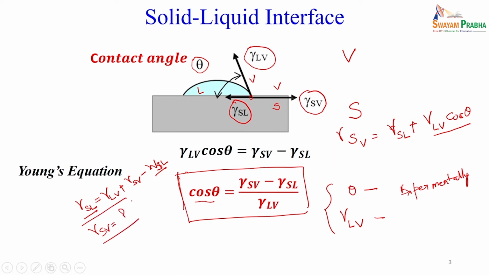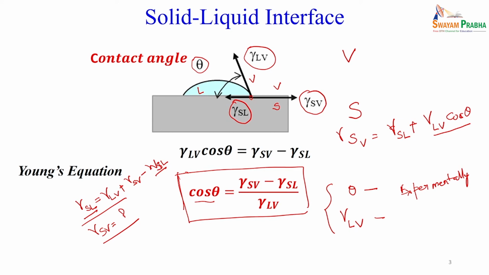So, calculation of the solid vapor interfacial tension. We will see in the next class, we cannot directly experimentally calculate the solid vapor interfacial tension, but using Young's equation, using the contact angle data and the liquid vapor interfacial tension, you should be able to calculate the solid vapor interfacial tension, that anyway we will discuss in the next class.